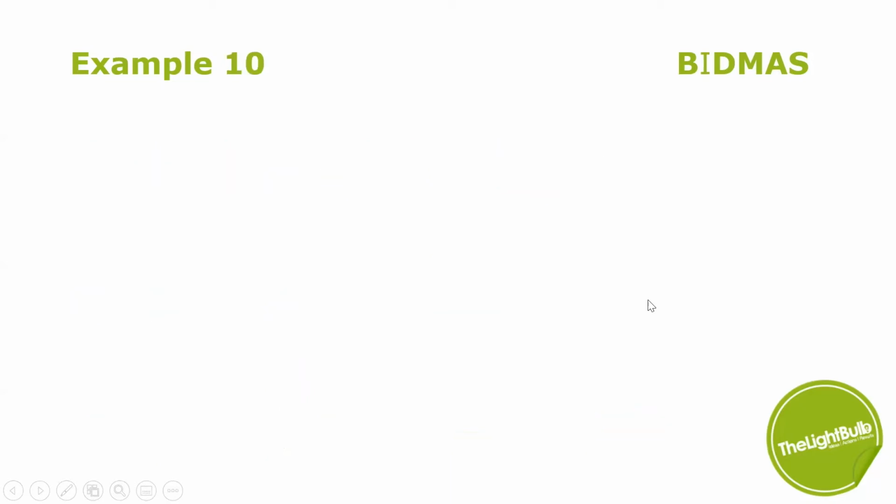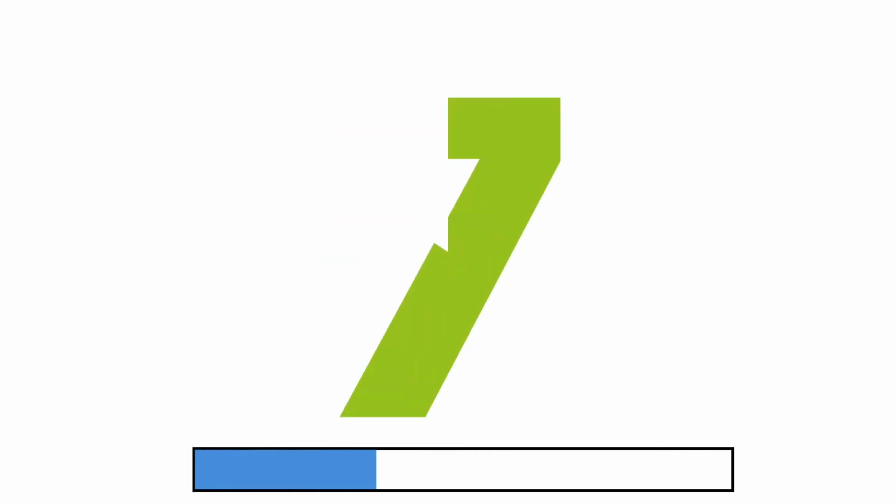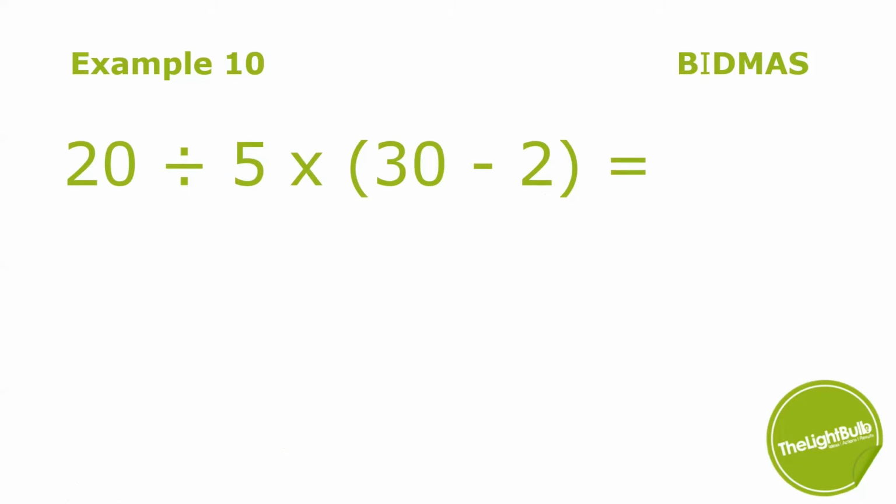Very good. Okay, one more example here before we start to look at indices. So I'll give you 10 seconds again, and then we'll walk through it. Okay, so using BIDMAS, we can see that the brackets are going to be the first thing that we do.